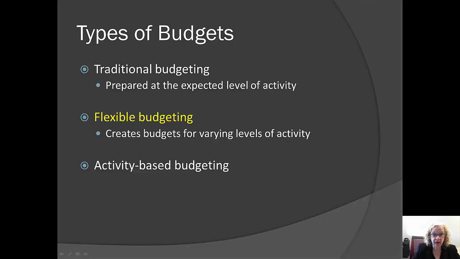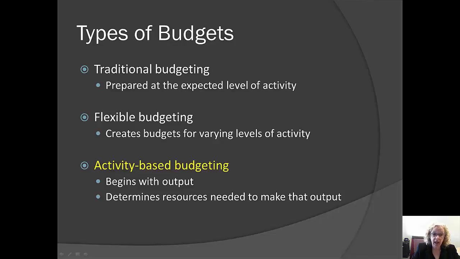And we'll take a look at flexible budgeting when we do our work in the next chapter. Another possibility is to do activity-based budgeting. In this case, we use our expected level of output, but we look at the activities that are necessary in order for that level of output to be possible.